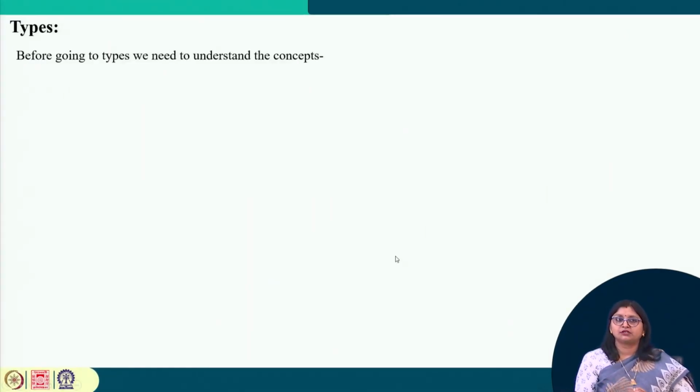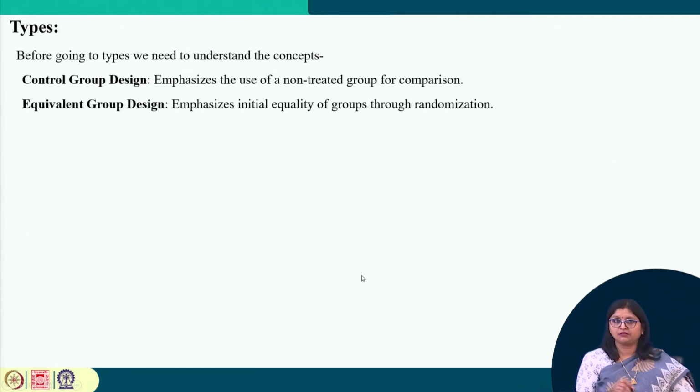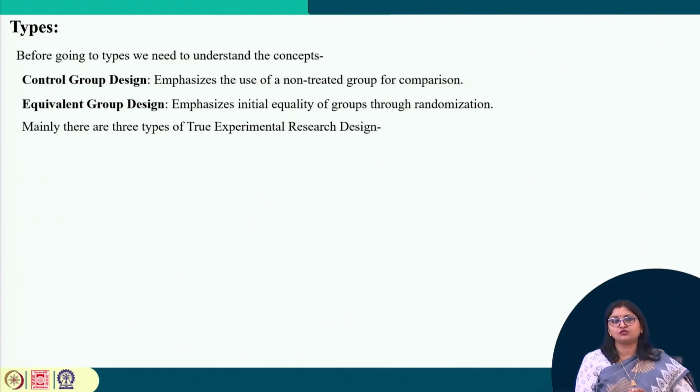The types of this experimental design are the control group design and the equivalent group design. Before going to the types, we can understand that the control group design emphasizes the use of a non-treated group for comparison, and the equivalent group design emphasizes the initial equality of groups through randomization.